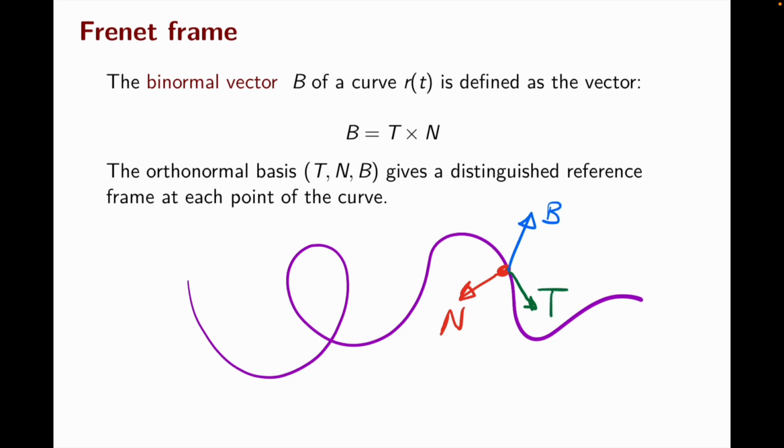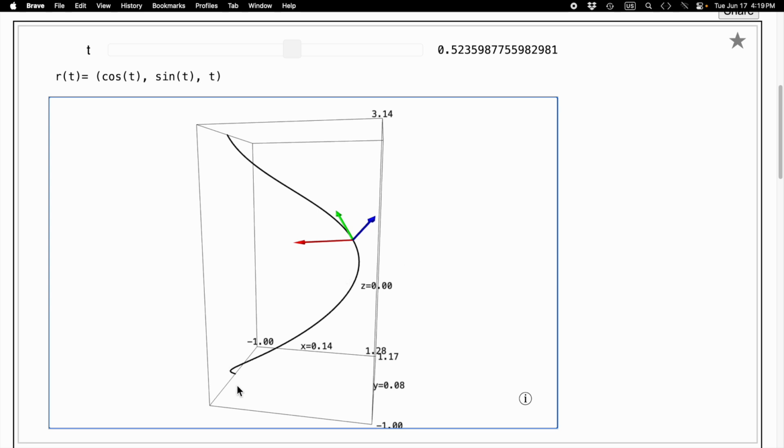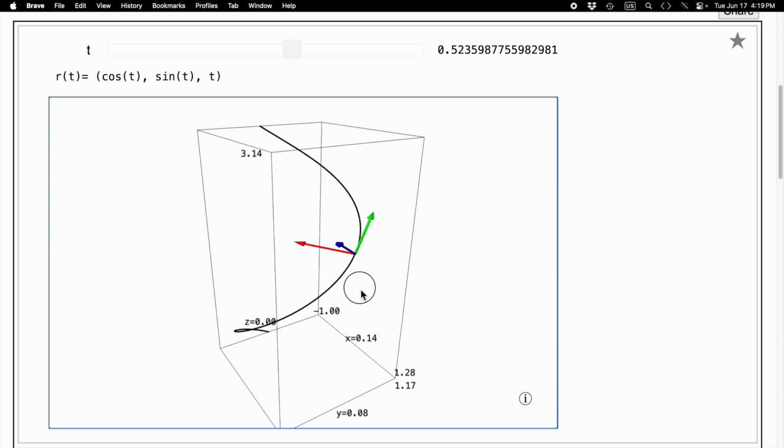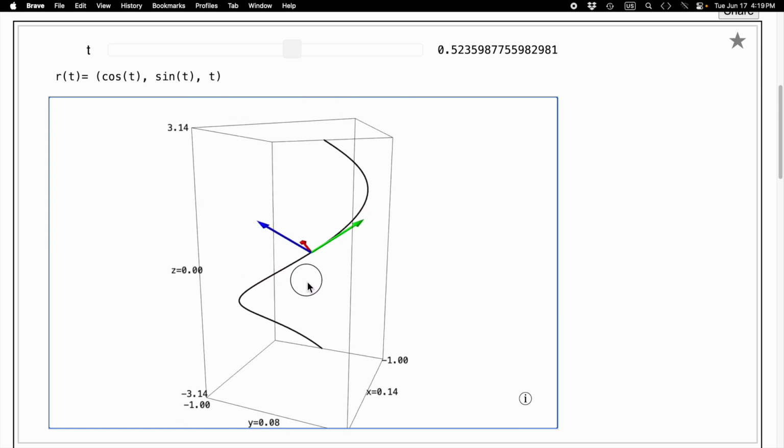So let's see how this looks. We have here represented this curve in black, the curve given by this equation, cosine t, sine t, t. This is a helix, and we can see this curve in different ways.